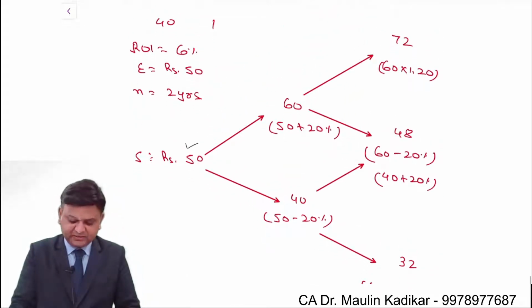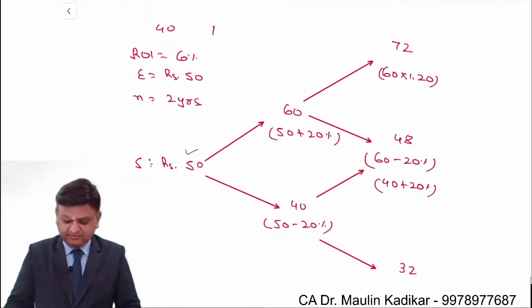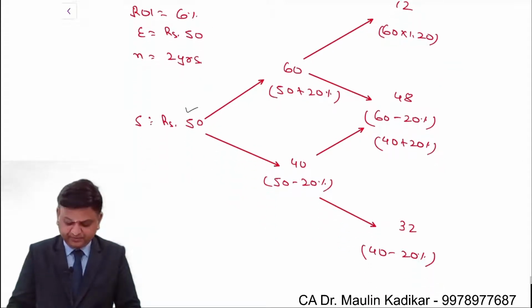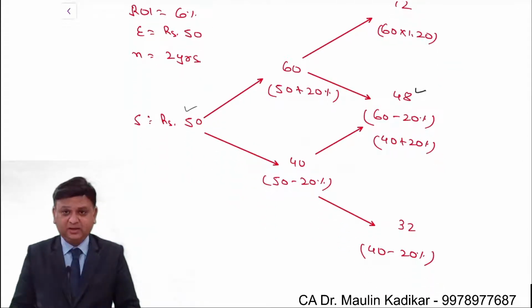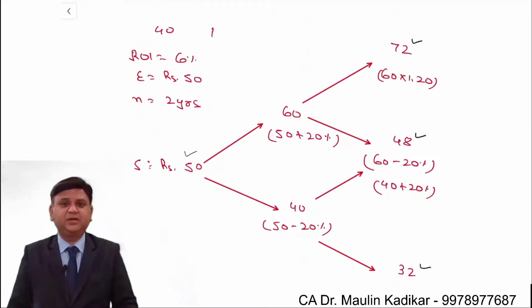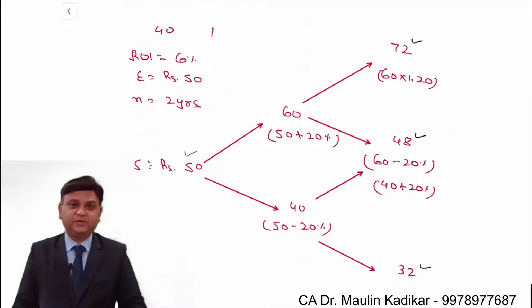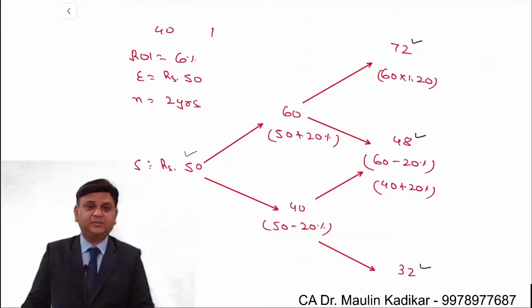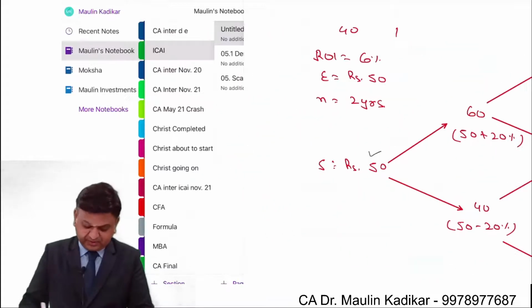The price of the equity share at the end of the 2 years may increase to 72, may fall down to 48, may fall down to rupees 32. Like that information is given. The question is providing the information that you are required to compute the probability of the price increase and the premium.